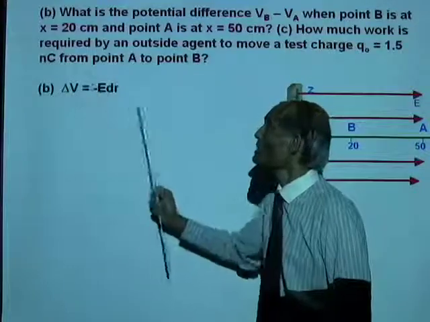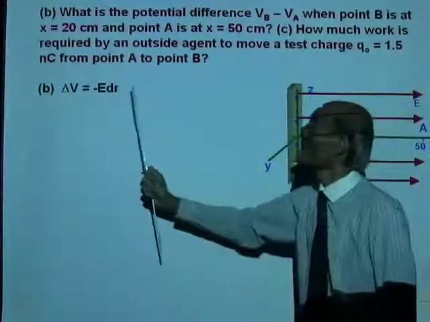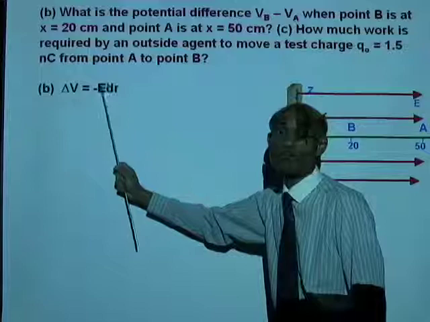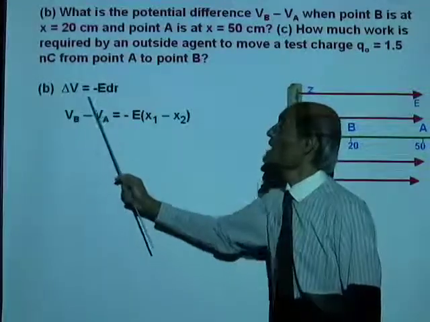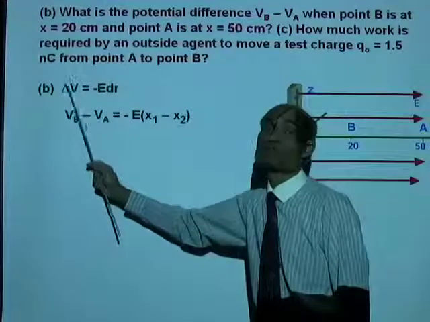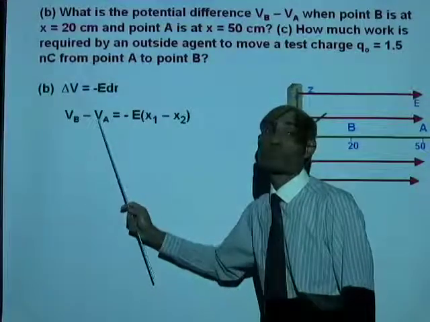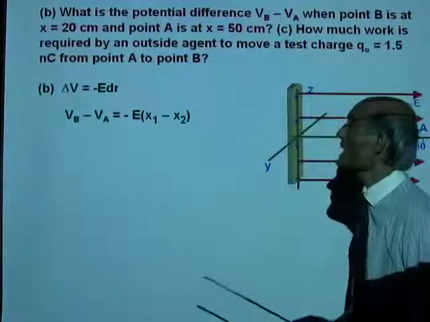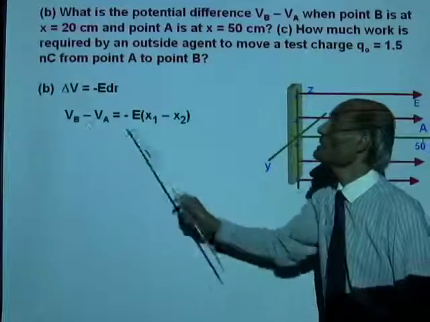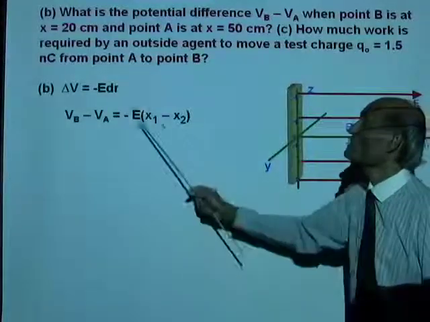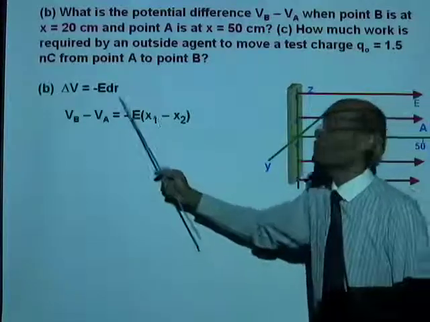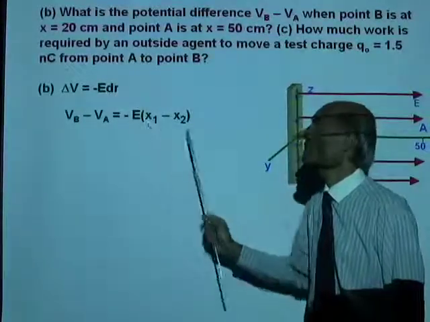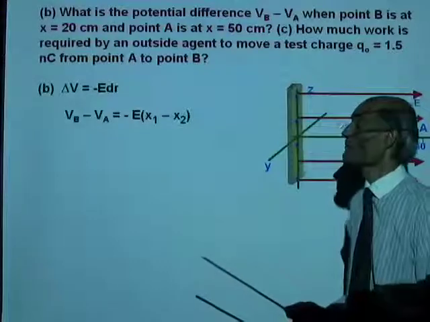So the potential difference between the two points is negative of E dr. VB minus VA, delta V is the potential difference between the points A and B, equal to negative E times x1 minus x2. dr is x1 minus x2.